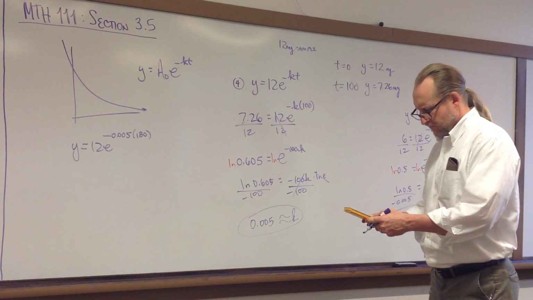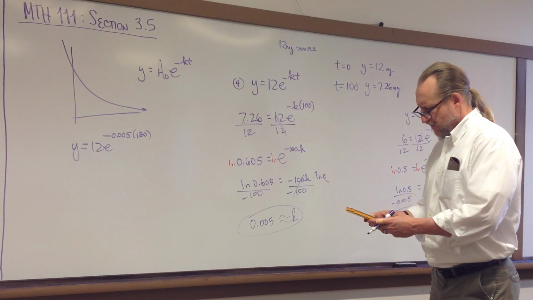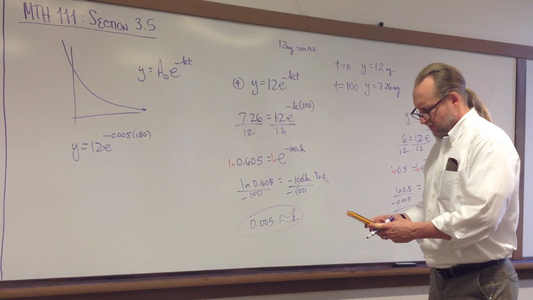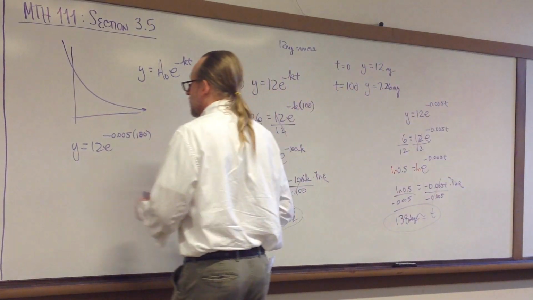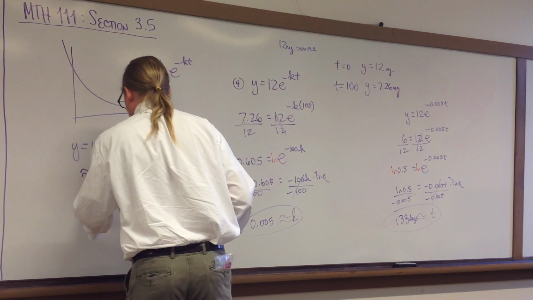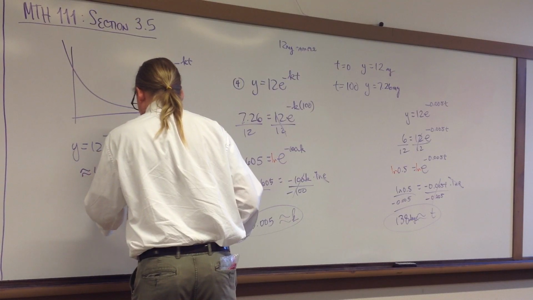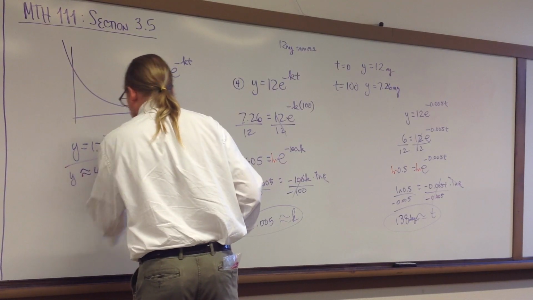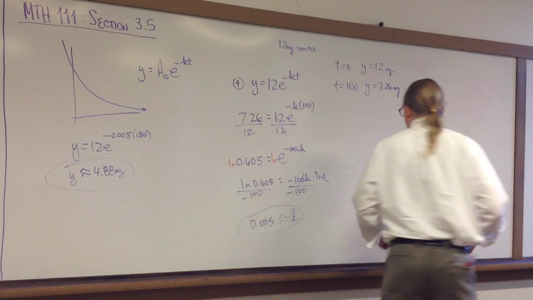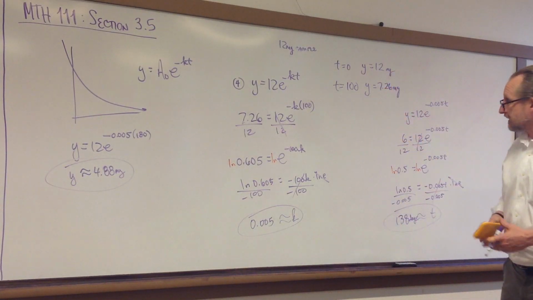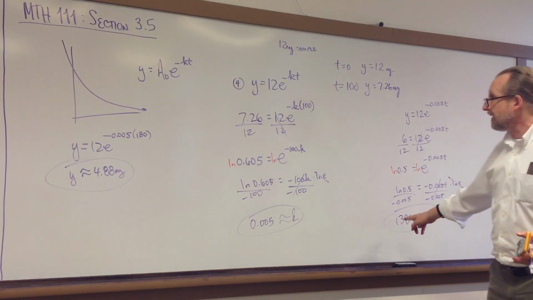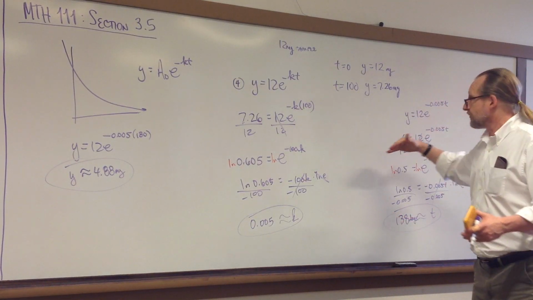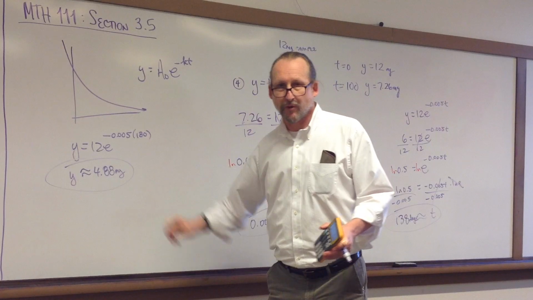So 12 e to the negative 0.005 times 180, 4.88, let's say, milligrams. And that makes sense because one half-life has passed, so we're going to be less than half of what we started with. But we haven't quite gotten to 2 half-lives yet, so we won't be down to 3 milligrams. We'll be somewhere around 4.88.